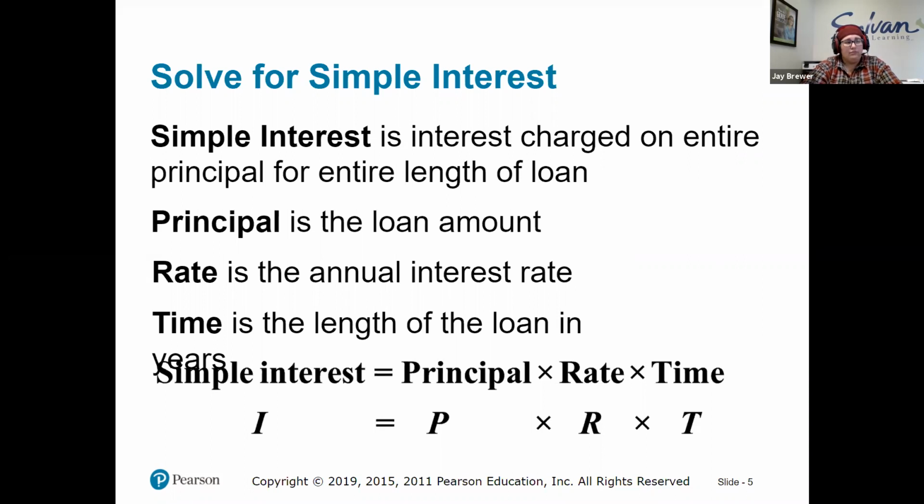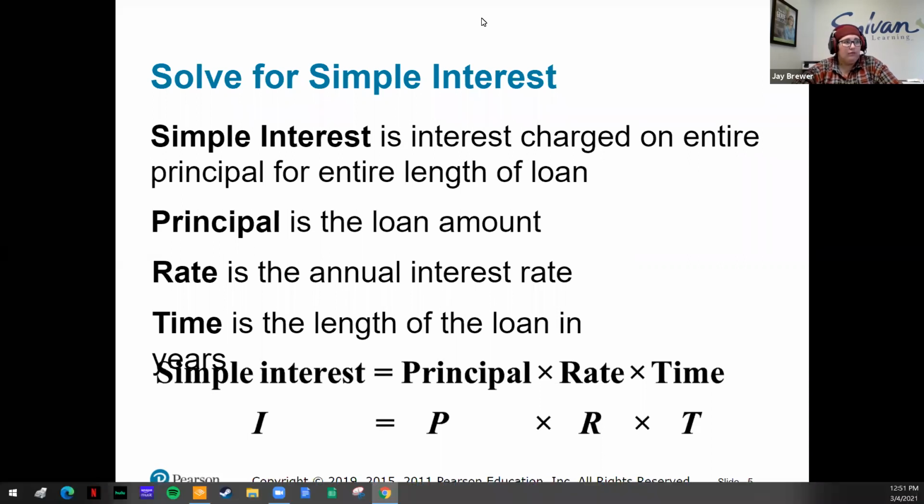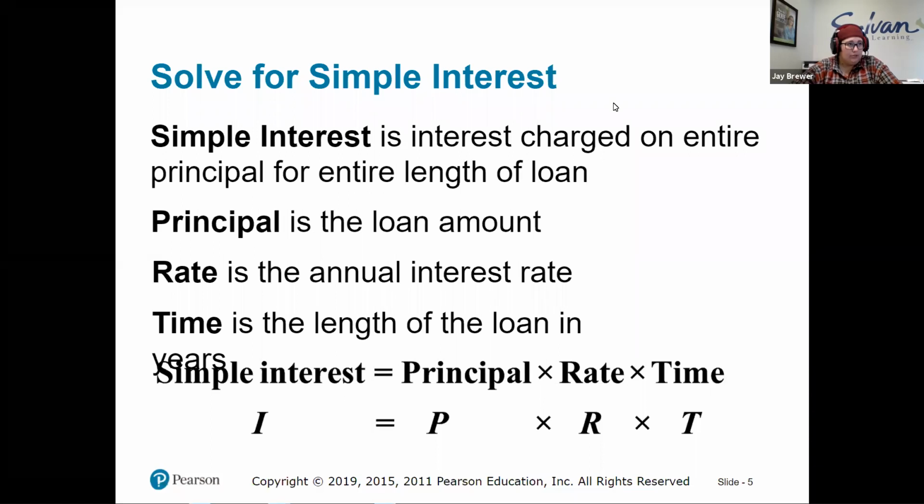So don't get yourself so caught up in the fact that it has to be translated into years. Just know that the time is the length of the loan, and that yes, most likely you will have years. If they give you years, that's fine. If they give you other things, you have to put it in terms of years.